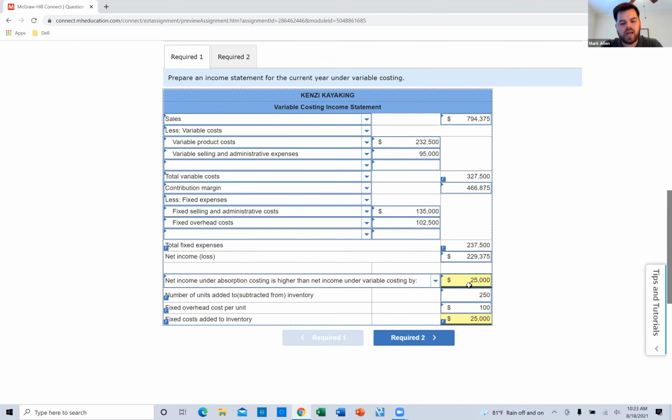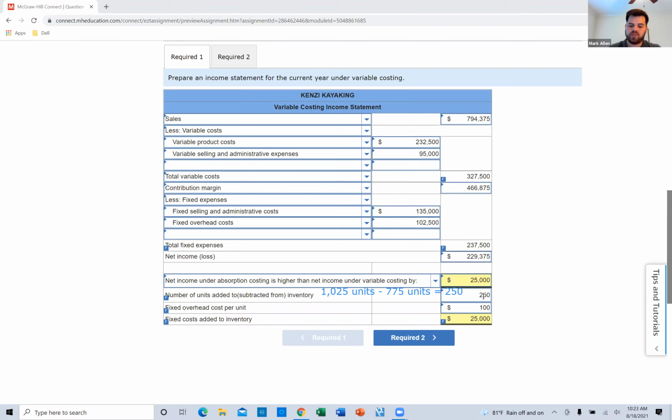But much like we did on the last question, I want to see if we can figure out why that $25,000 is the amount. Well, what we find is that the number of units that we're actually dealing with here is the 1,025 units minus the 775 units. That's 250.